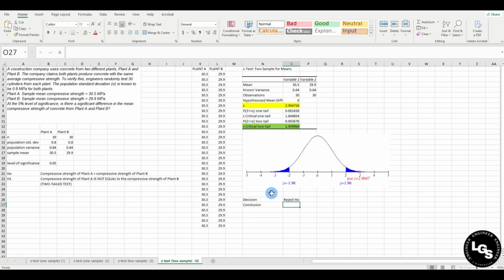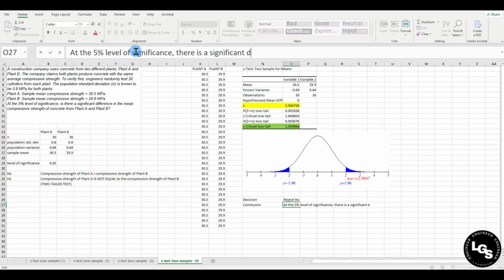From our decision to reject H0, we conclude that at the 5% level of significance, there is a significant difference in the average compressive strength between concrete from plant A and plant B.